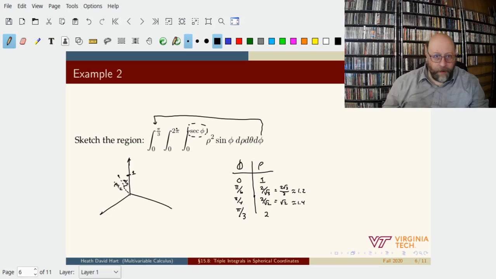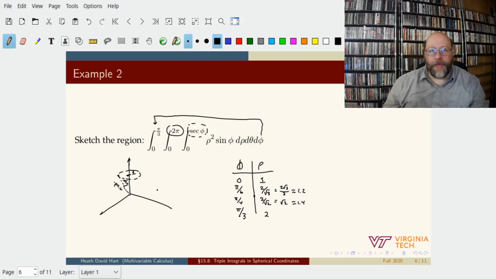And because theta goes from 0 to 2 pi, we go all the way around in the xy direction. That's where I'm using the 2 pi here.